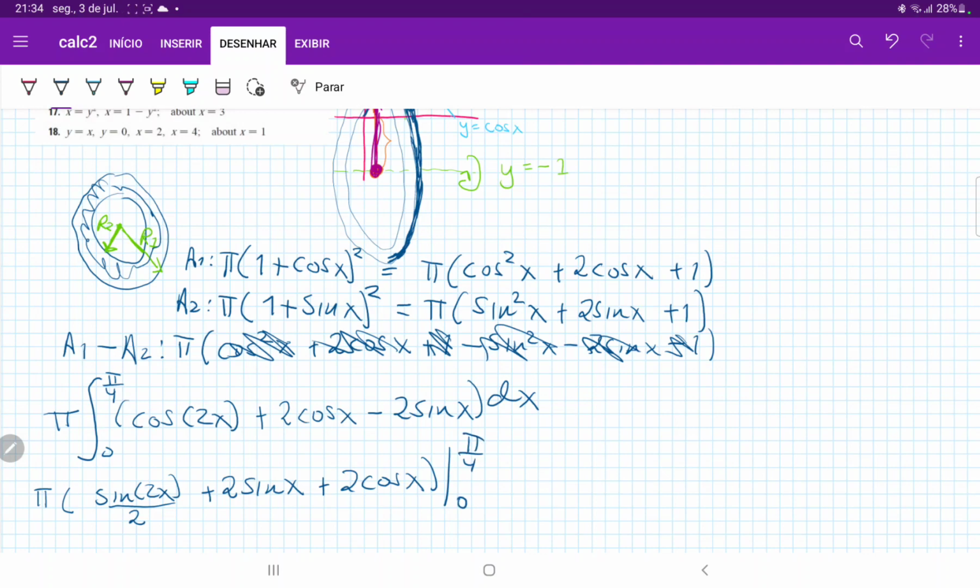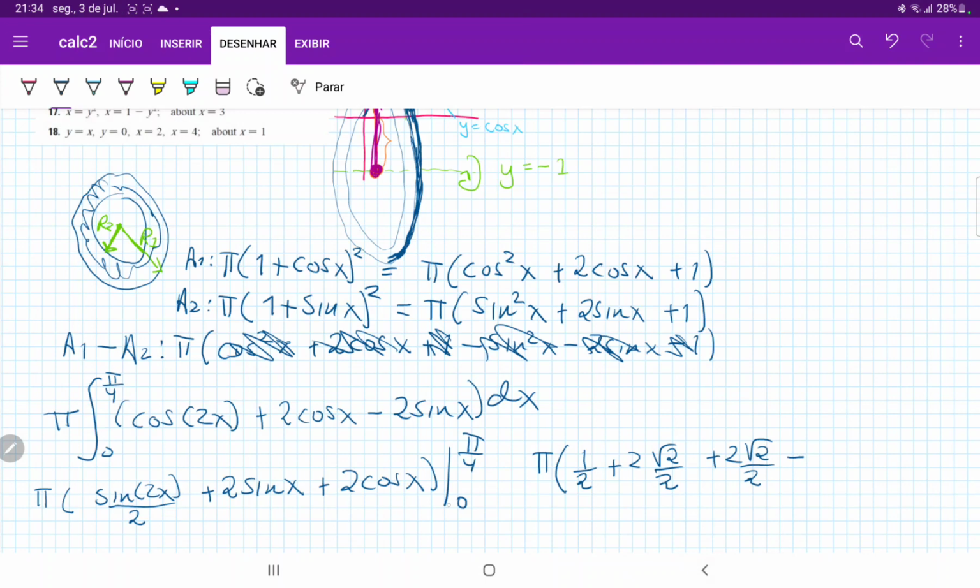So when we plug in our boundaries, we're going to have pi times, let's see, sine of 2 times pi over 4 is sine of pi over 2, which is 1, and then divided by 2, that is going to give us 1/2. And then plus 2 times sine of pi over 4, so plus 2 times root 2 over 2, plus 2 times cosine of pi over 4, which is also plus 2 root 2 over 2. And then we plug in the lower boundaries, right?